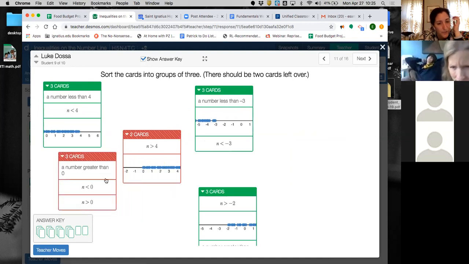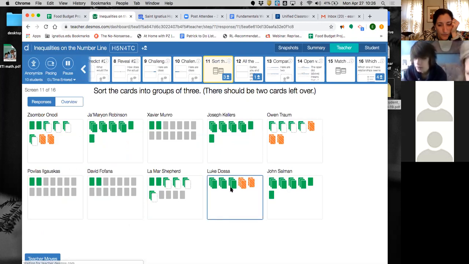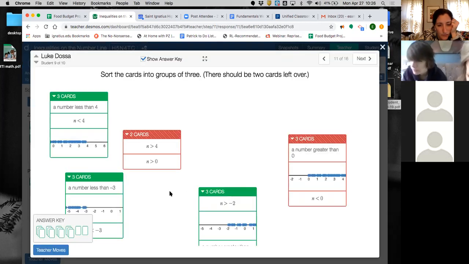Okay, so the one that says a number greater than 0. You see the words, a number is greater than 0. And you've got 2 different symbols matched with it. So you got to pick the one that's the greater than symbol. So which one is the greater than symbol? The one that's open to the left or the right.